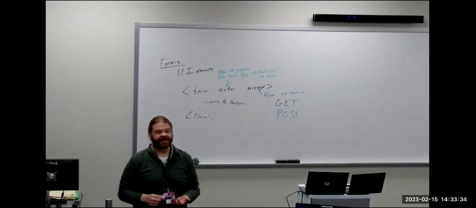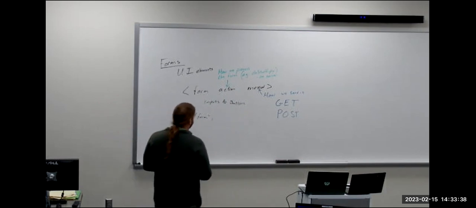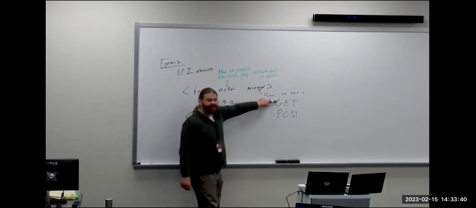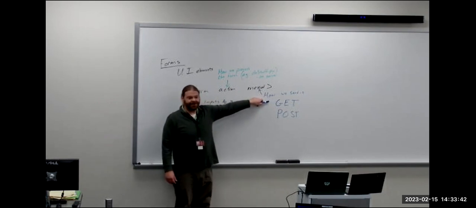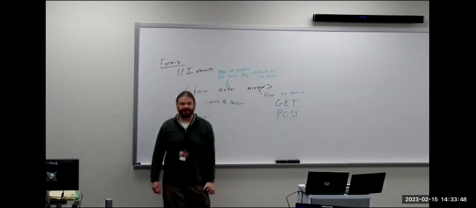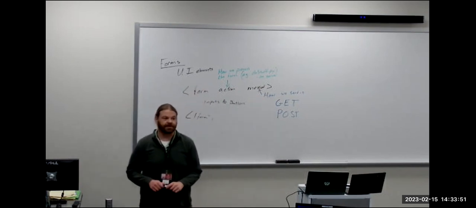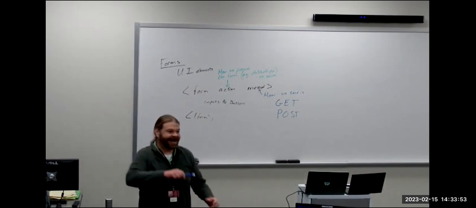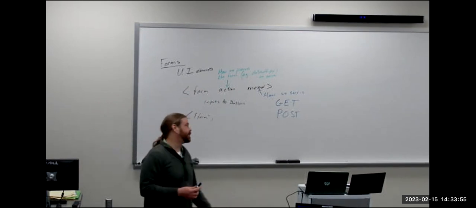And post behaves in the exact same way, only we can't see it in the URL. So in general, you're going to use get while you're debugging, because it's a whole lot easier to debug a program when you can see the data that's being transferred. And then once all the bugs are worked out, you switch to post, so that nobody can see the data as it's being transferred.